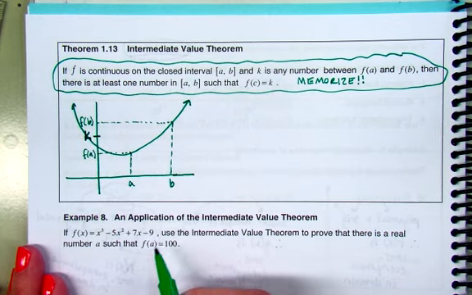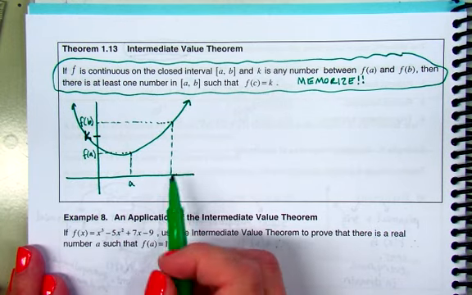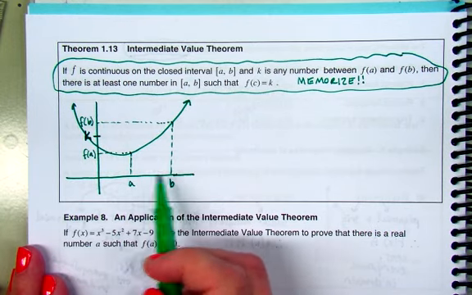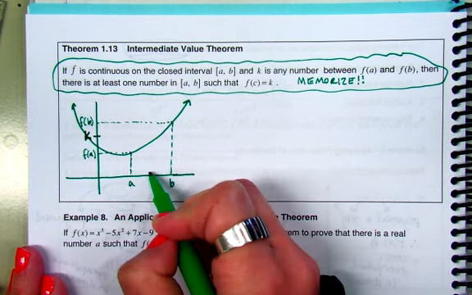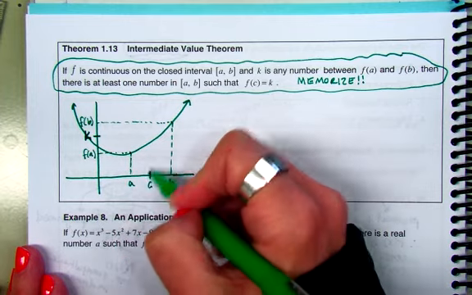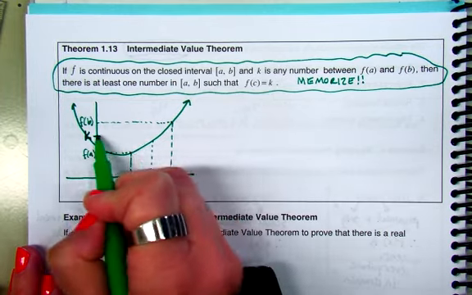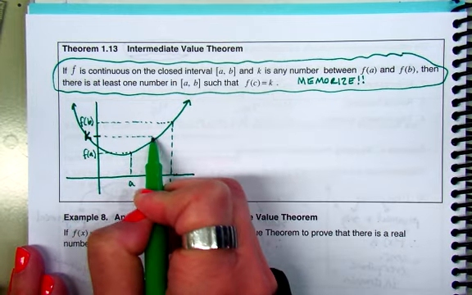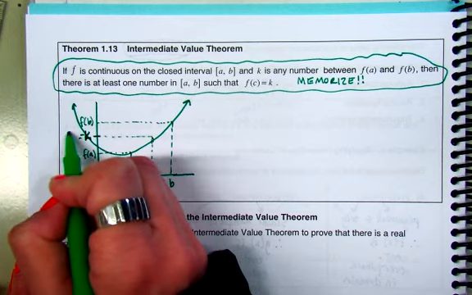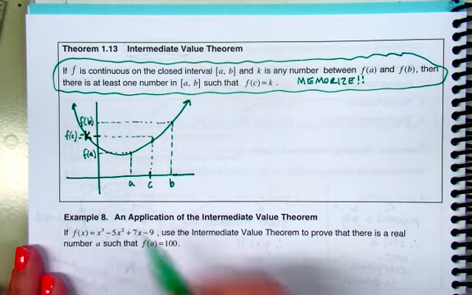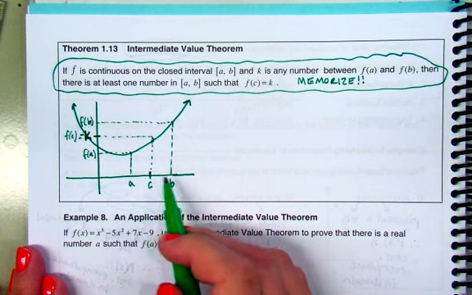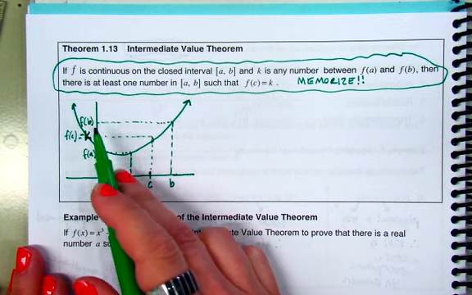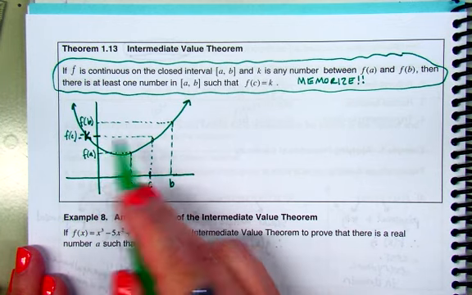This theorem tells us that there must be at least one number c inside this interval on my x-axis such that f of c equals k. This is why it's called the intermediate value theorem, because the f value is intermediate between those two values.